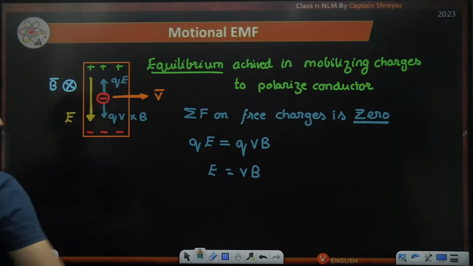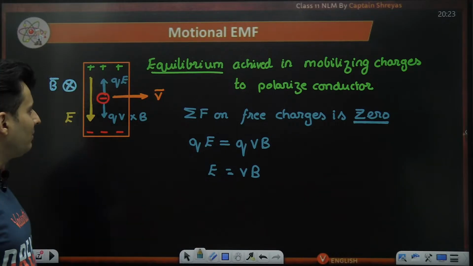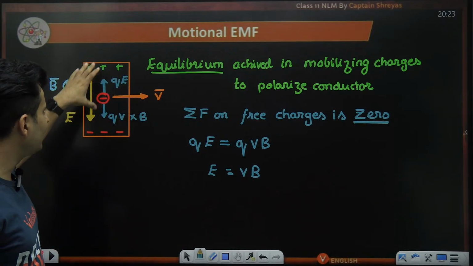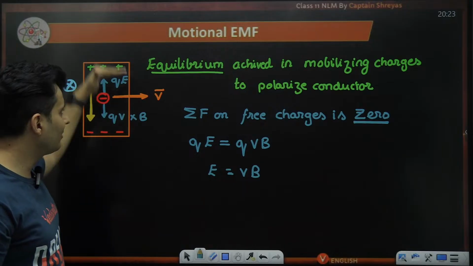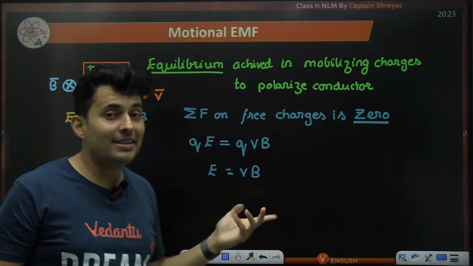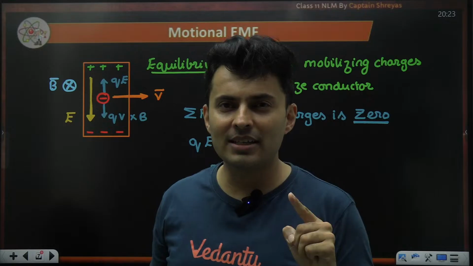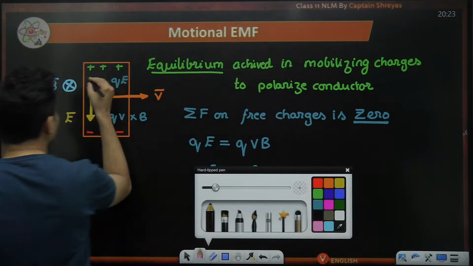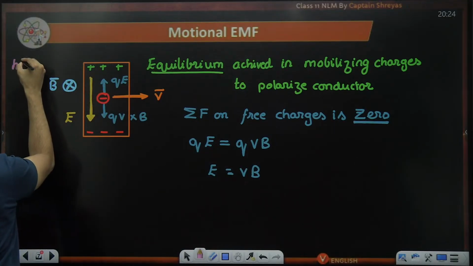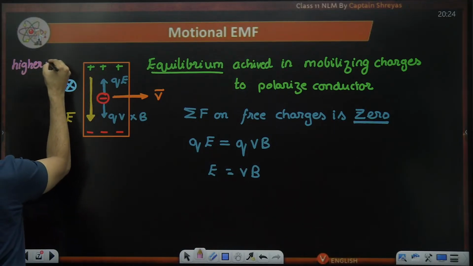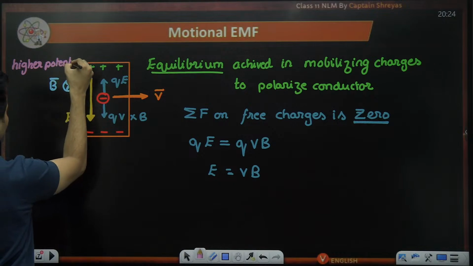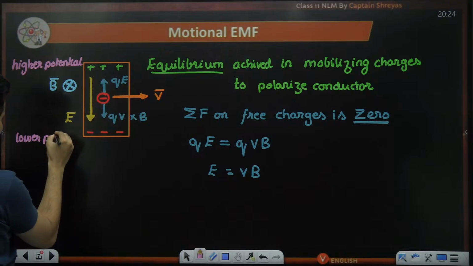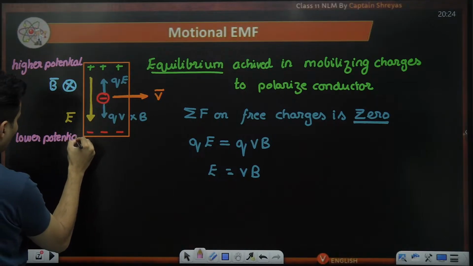Okay, perfect. Now comes the most interesting part over here. Because of this electric field that you see and positive negative separation that you see, where does electric field go from? Always from the higher voltage to the lower voltage. So this is the higher potential, and this is obviously the lower potential.